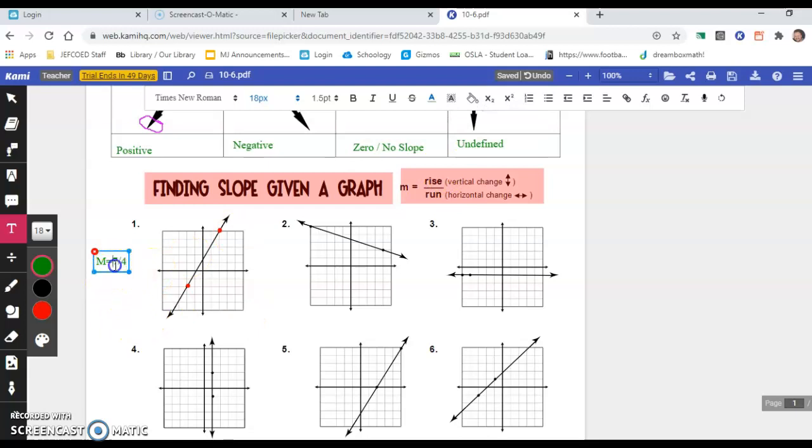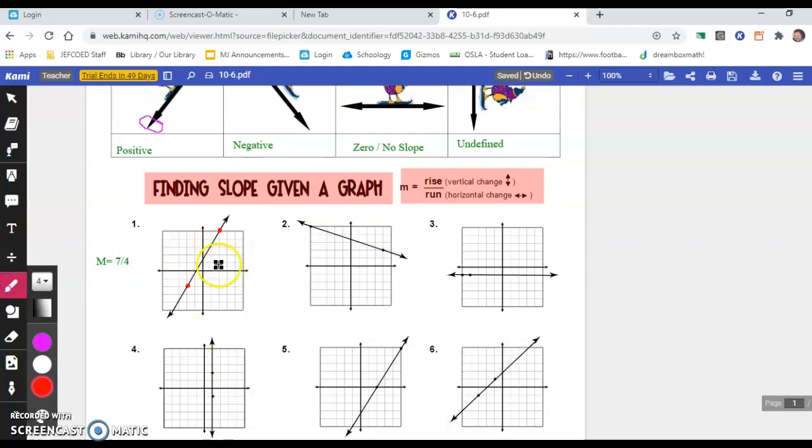Now, when you're looking at these, don't forget, we also have those types of slope. So positive, negative. Remember, start at the most left, and it's traveling up, so that would be a positive slope. All right, let's look at number 2. We've got a point here and a point right there.